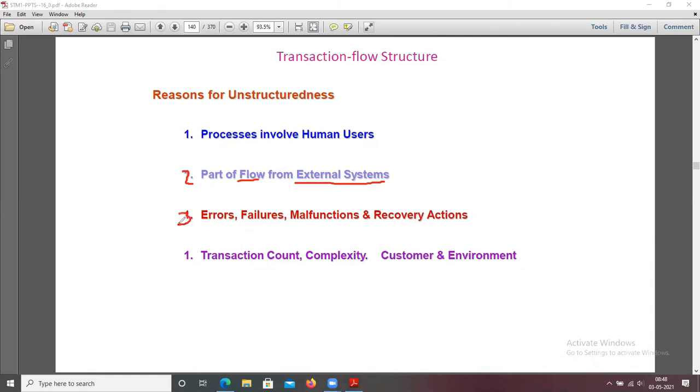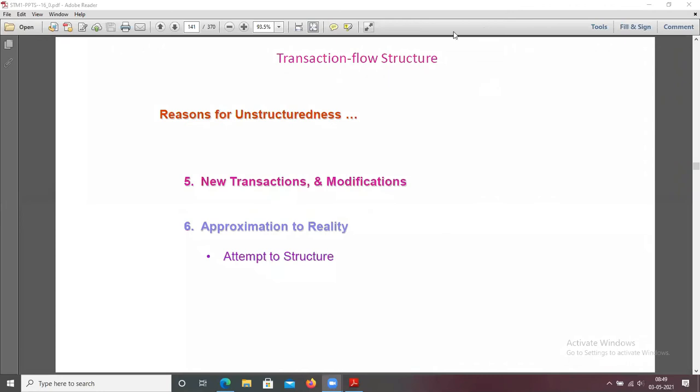Third, errors, failures, malfunctions and recovery actions. Fourth, transaction count, complexity, customer and environment. Fifth, new transactions and modifications. And sixth, approximation to reality, so attempt to structure.